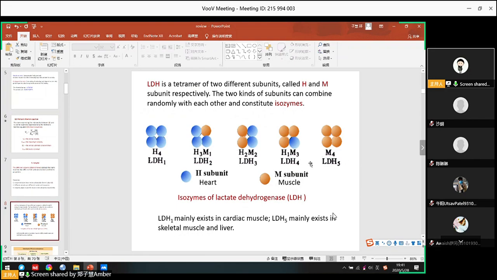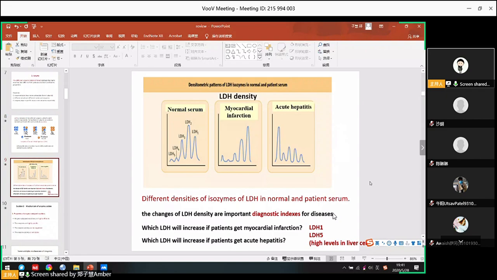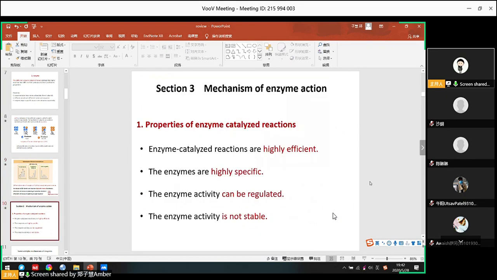There are 5 types of LDH. What does LDH mean, and what's the function of each LDH? Then I may give you some questions on the medical application. So LDH is very important.